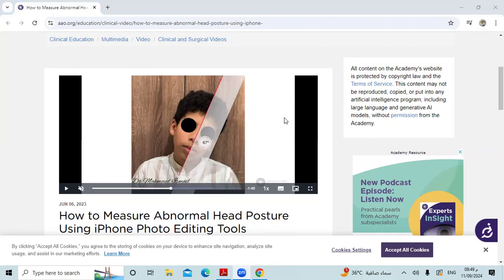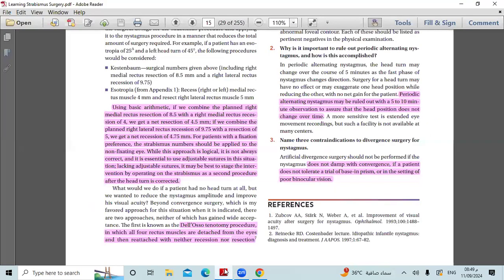One is called a goniometer, and the other is an arm tool measurement. I saw it also in the box. I read about it, but I didn't use it before. So these are three tests for how to measure the angle of abnormal head posture, and it will help you decide which surgery you will do.